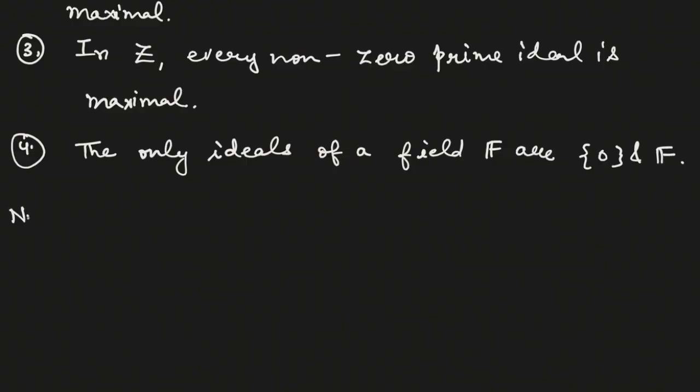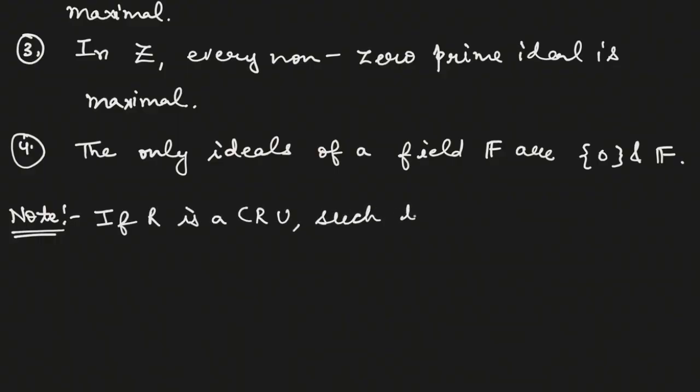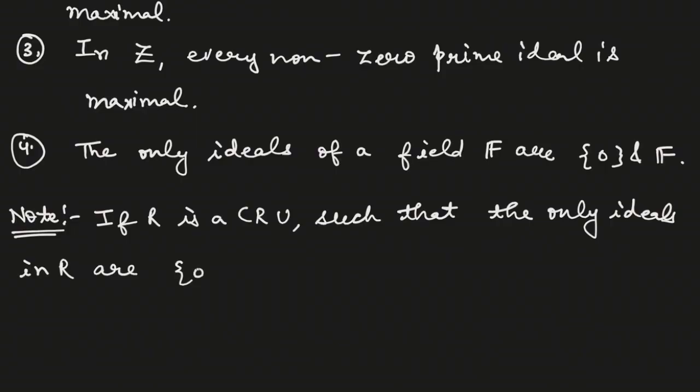Note, if R is a commutative ring with unity such that the only ideals in R are 0 and R itself, then R is a field.